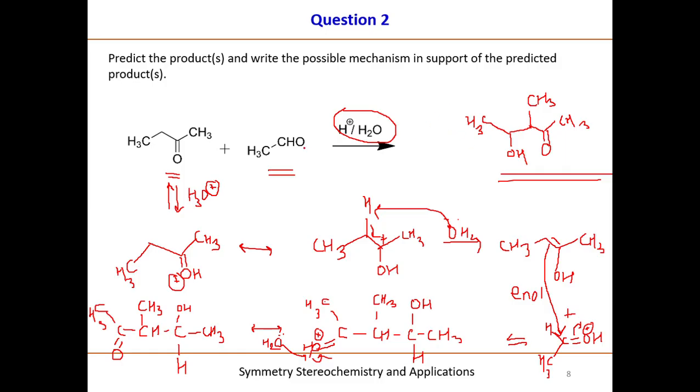Yeah, if enol will form here and it will attack on this carbon atom, this will become your alcohol. I will write that directly here. Here OH. You have to do it by yourself. If you are finding any difficulty, then I am going to discuss it in detail. You just have to do protonation of aldehyde instead of ketone.